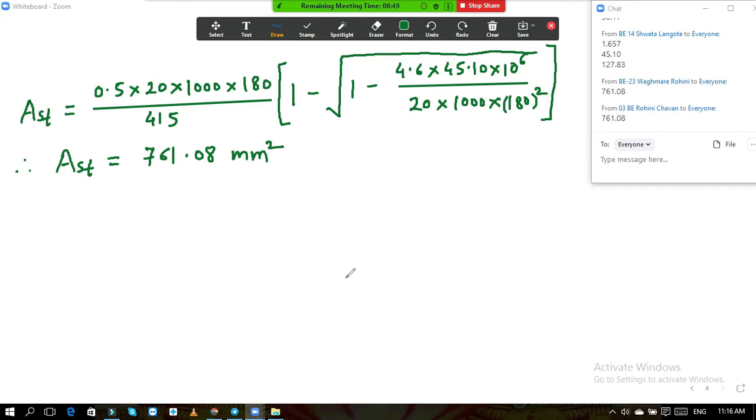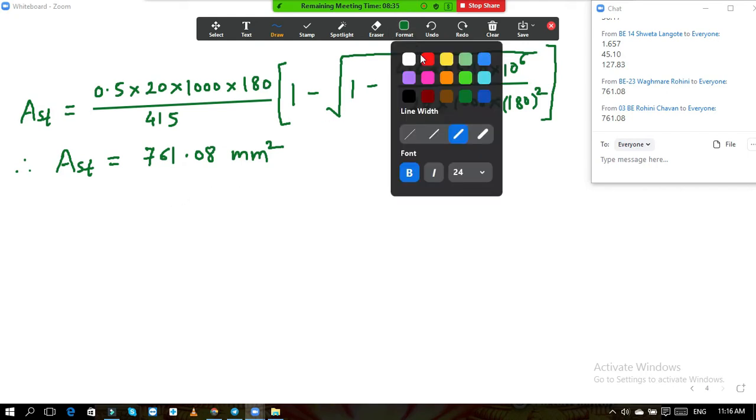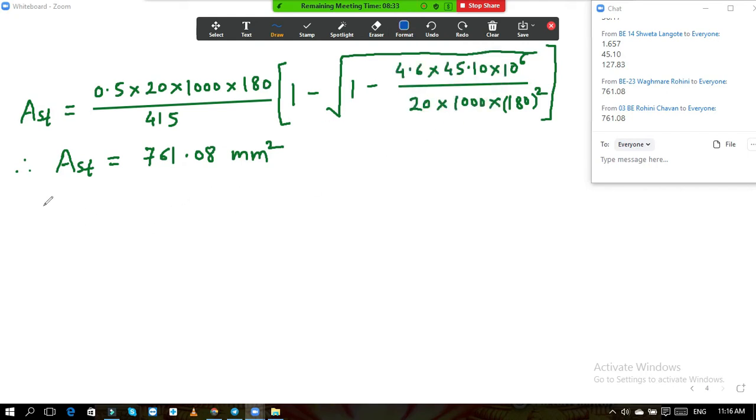Okay. So what diameter we have assumed? We have assumed 10 mm bar diameter. So let us see how many bars are required for 10 mm bar diameter.